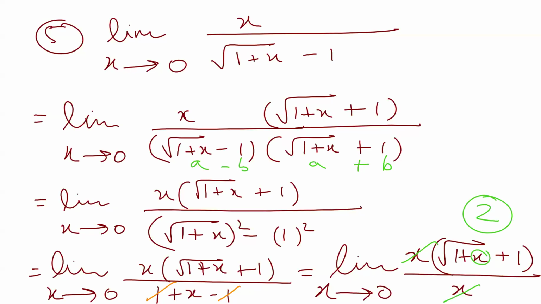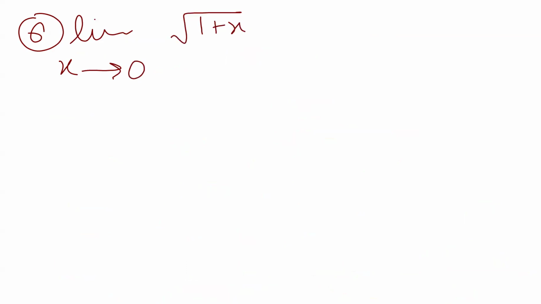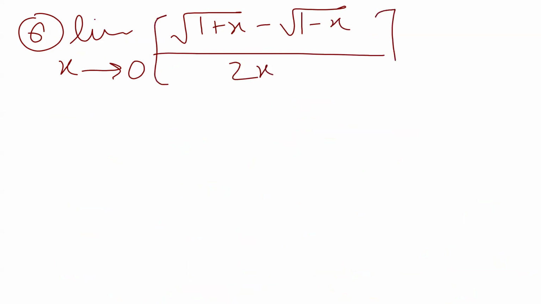Sixth problem. There is root minus root in the numerator. Limit x approaching towards 0, root 1 plus x minus root 1 minus x upon 2x. Okay. Root minus root in the numerator, take conjugate of the numerator.